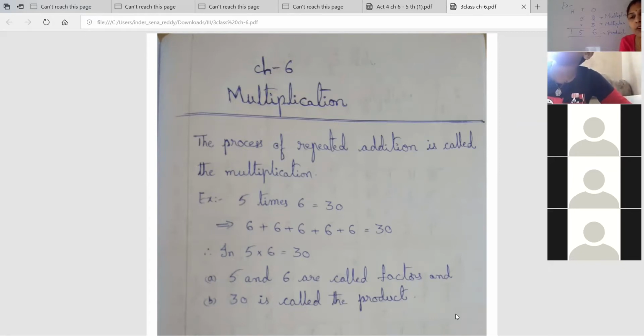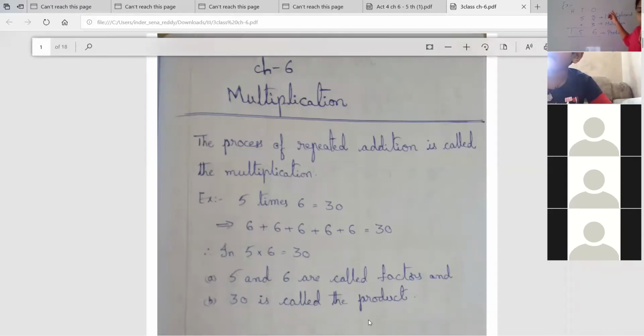Yeah, all the 3 properties with two examples each. Okay. Prachod, did you finish this one? Whatever notes I'm sharing, 30 is called the product. Yes, ma'am. After this, did you copy from the board? Multiplicand, multiplier, product. Ma'am, I copied also, ma'am. Then go with the properties.